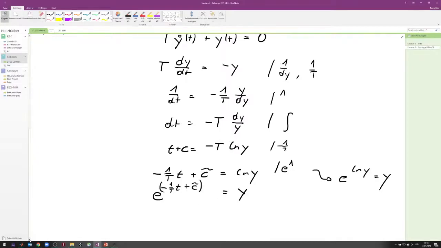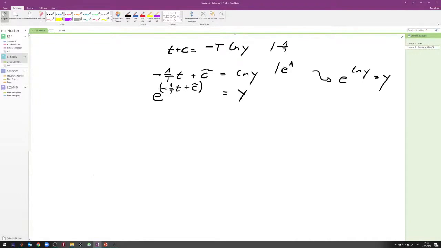So again, our constant shows up now in the exponent, which we don't like. We can write this as e to the minus t times t, and this is basically plus, right? And this means e to the power of e to the power. So we can separate this in a form that we have e to the power of c is equal to y.